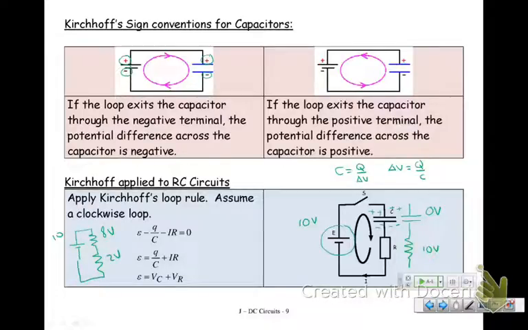Now, the thing that governs the resistor is delta V is equal to IR. Now, the R's fixed, and I know my voltage is 10 volts. So I've got a lot of current flowing through. So when the switch is first closed, there's a lot of current because it's easy to charge up the capacitor.